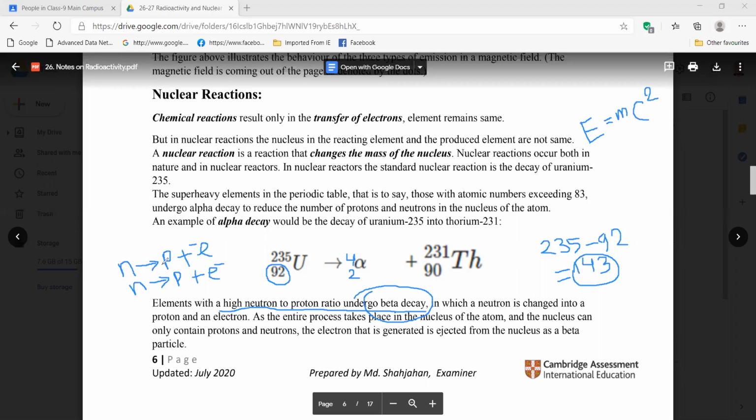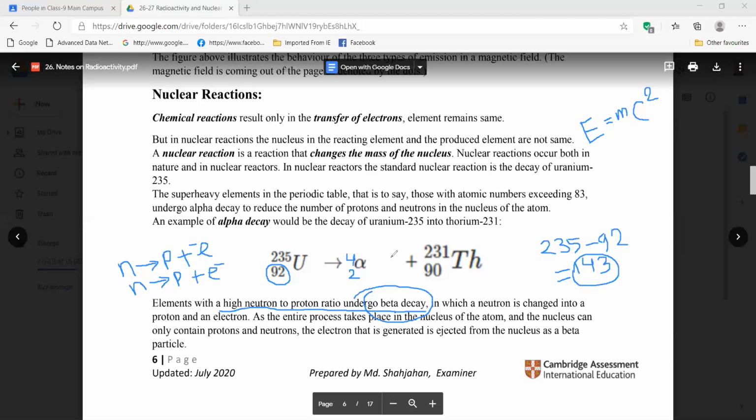You have here 2 protons, right? And you have some more neutrons here. This is 143. So you can get 2 neutrons, and these 2 protons combine together to get alpha. Until you get this balanced, you will have more beta decay, and you will get more alphas.